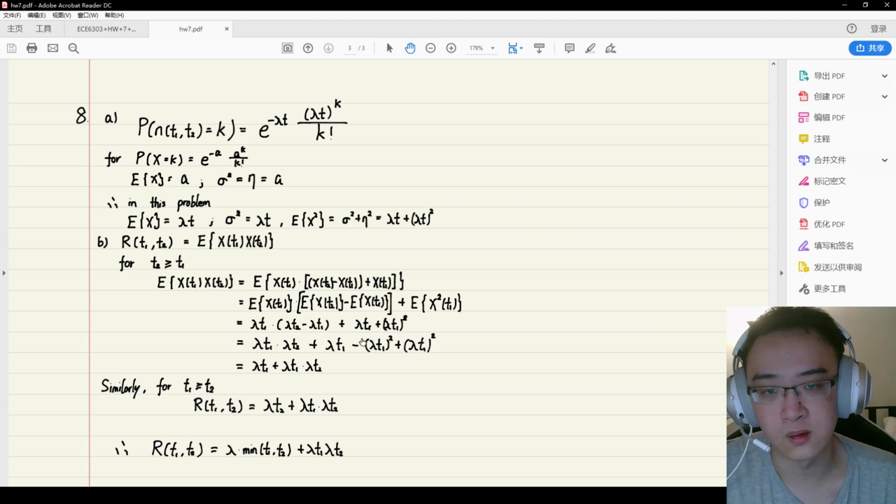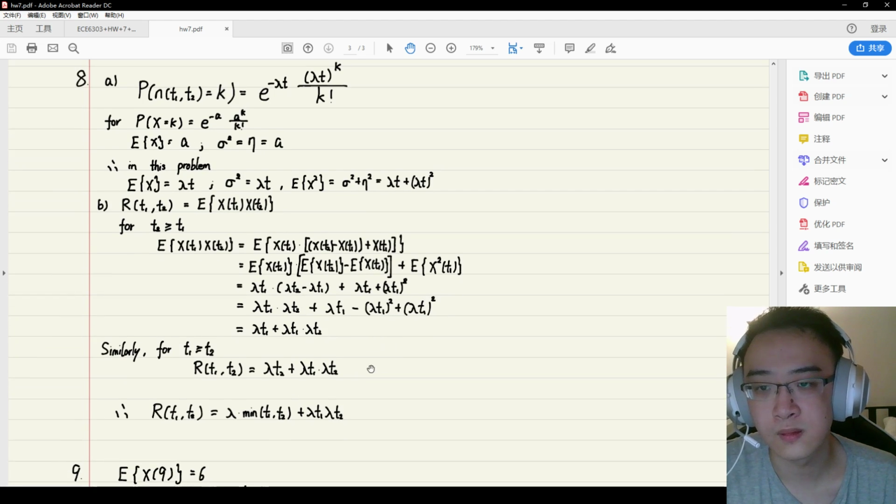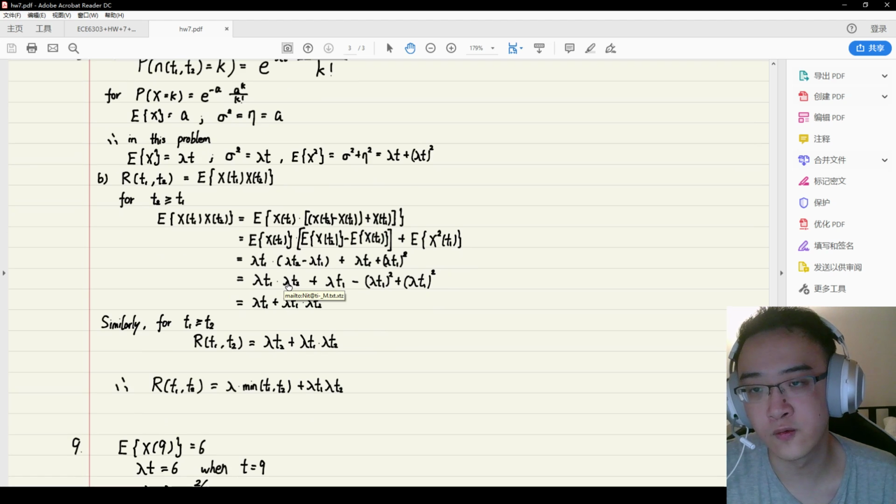So the final answer is lambda t1 times lambda t2 plus lambda t1. That's the situation when t2 is bigger than or equal to t1.